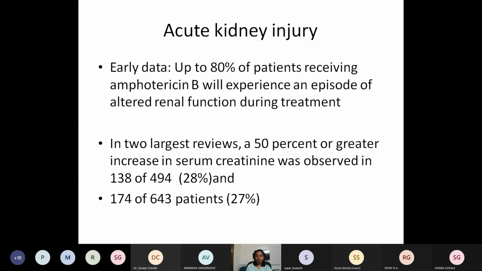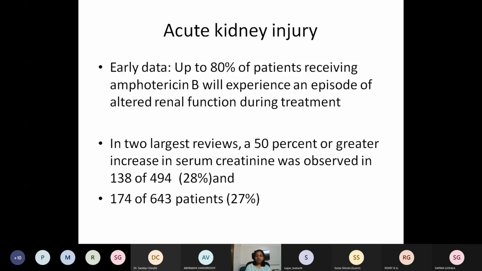So why does this really happen? The early studies, as early as the 1970s or 1980s, would quote up to 80% of patients developing amphotericin B induced renal dysfunction.